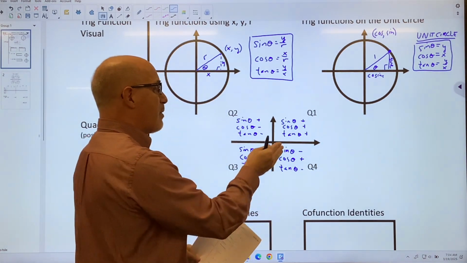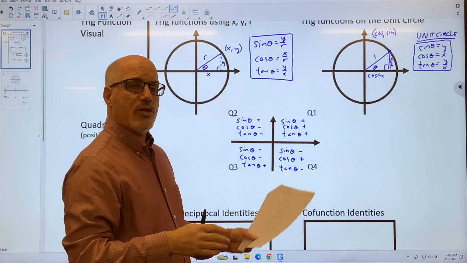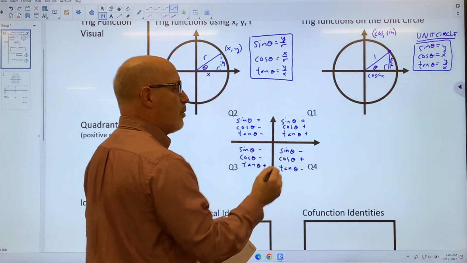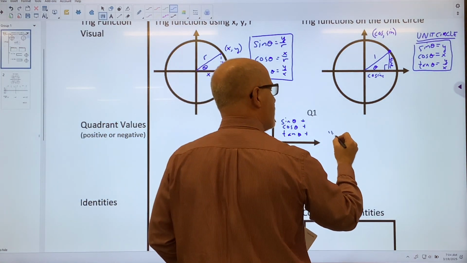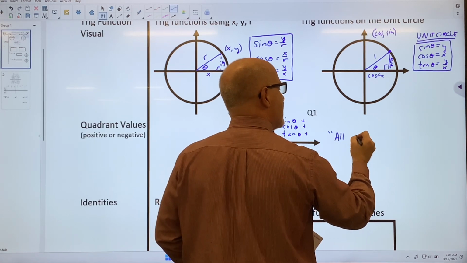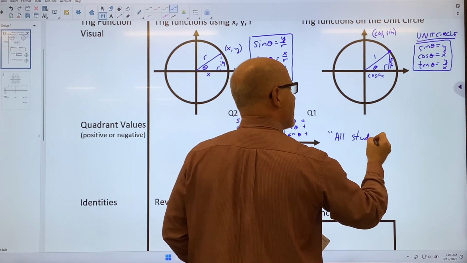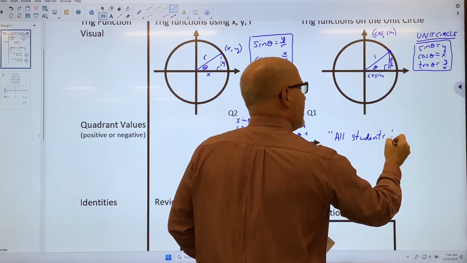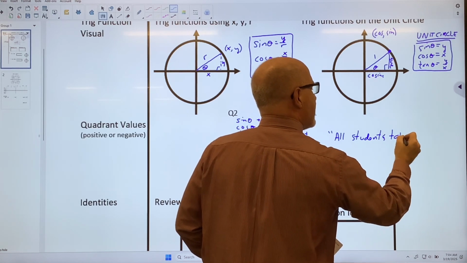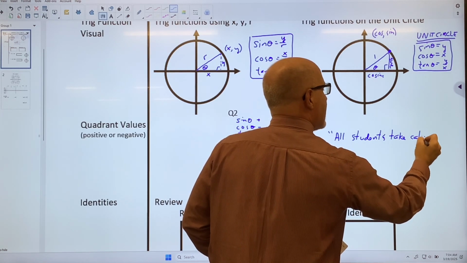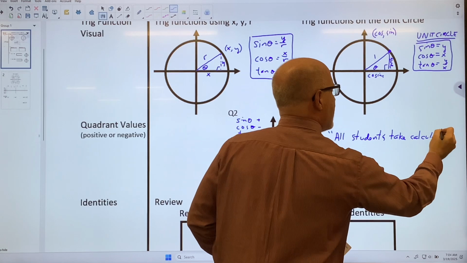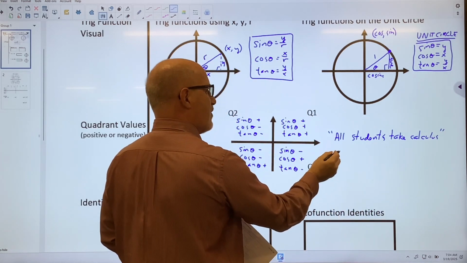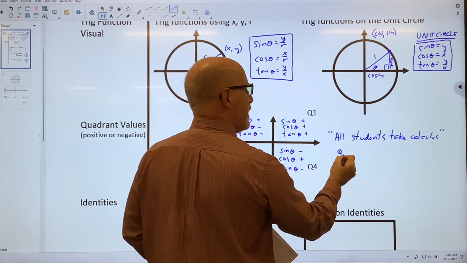So one way to remember which ones are positive and negative, we can use the phrase, all students take calculus. That's just a reminder, if you use this phrase, all of them are positive in quadrant 1.